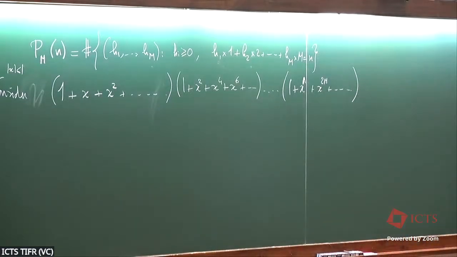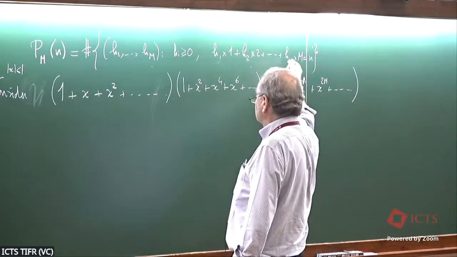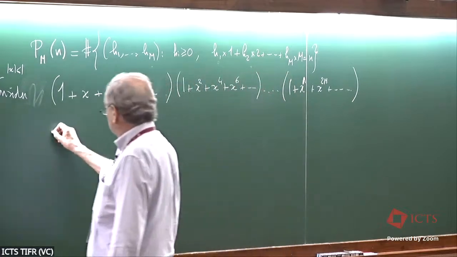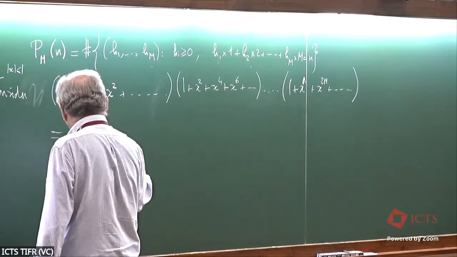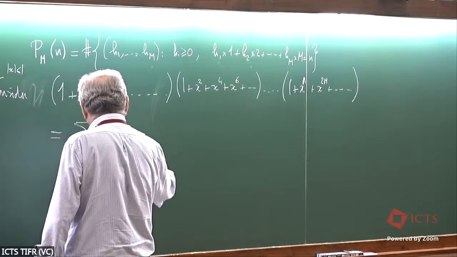Now, if you look at this product, what you can get is exactly the number of representations you have for n. This is indeed the sum, when n is positive, of pm(n) xn.